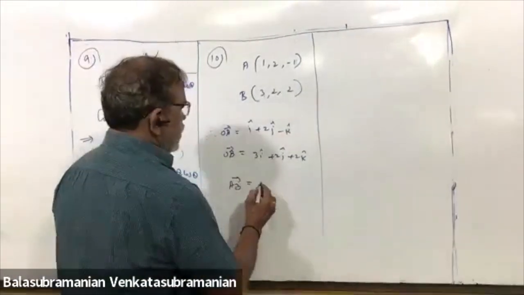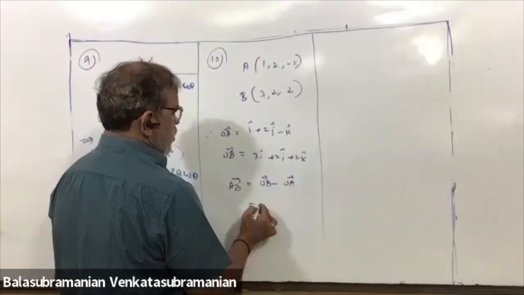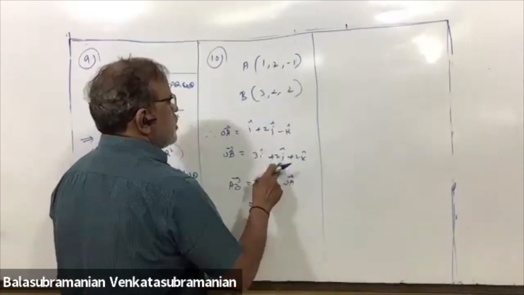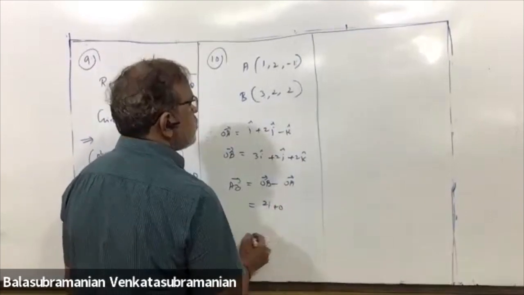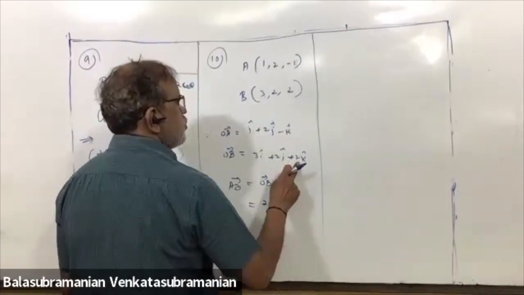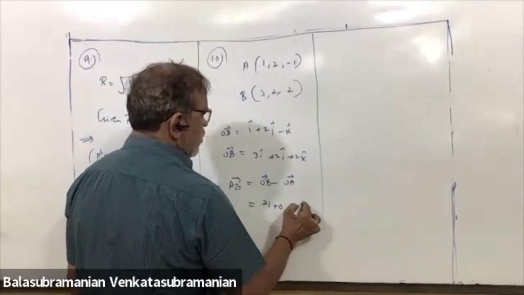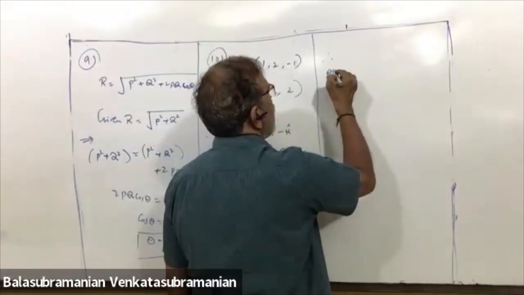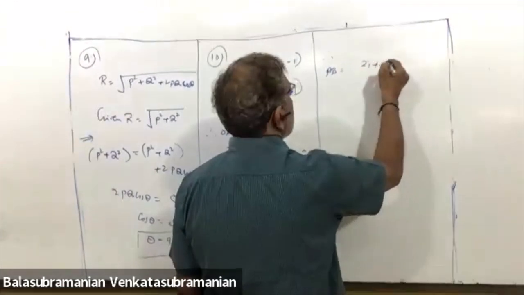AB is nothing but OB minus OA. 3i minus i, 2i. 2j minus 2j, 0. 2k minus of minus, so plus 3k. Therefore, AB is equal to 2i plus 3k.